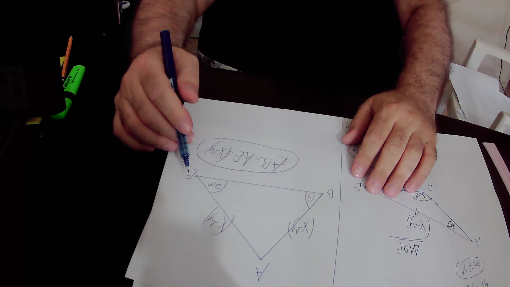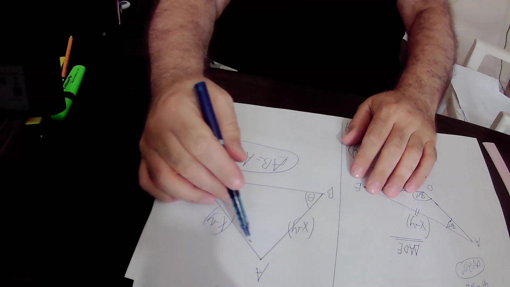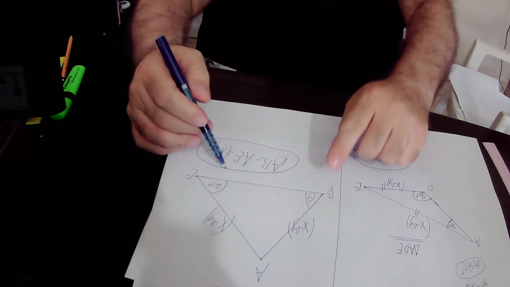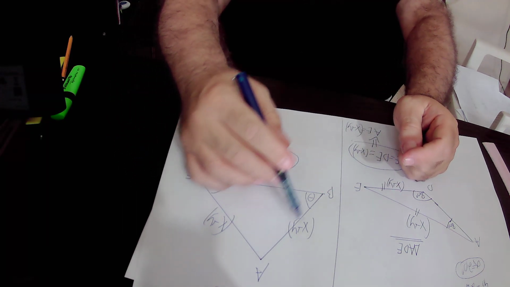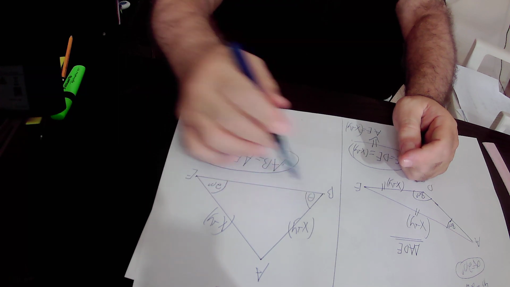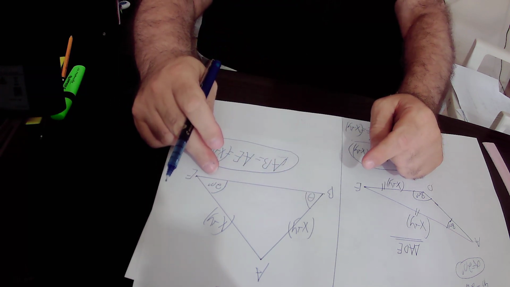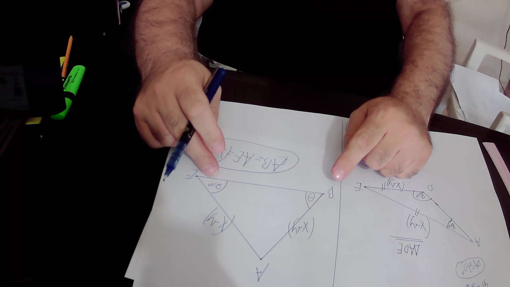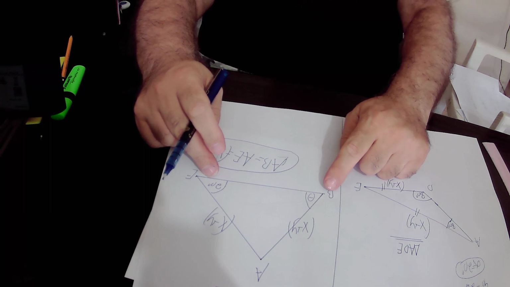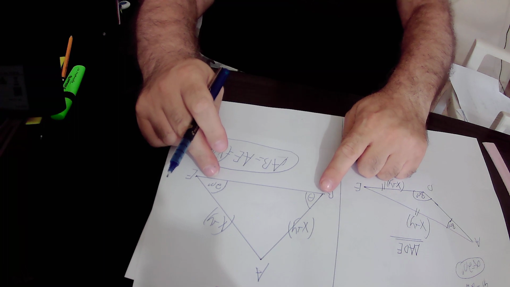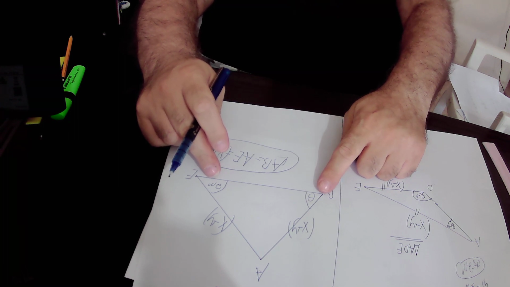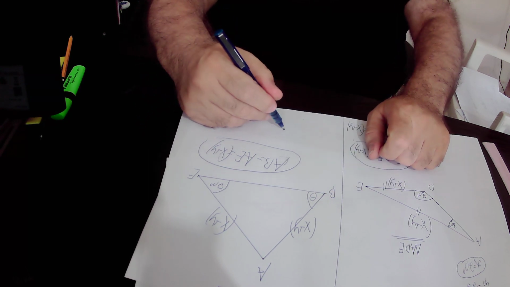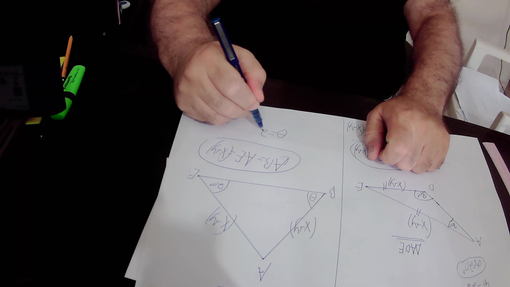it means that in front of this side we have angle theta. In front of this side, side AB, we have an angle equal to 20 degrees. So in front of those two equal sides, we have equal angles. Those two angles must be equal to each other, that is, angle theta must be equal to 20 degrees.